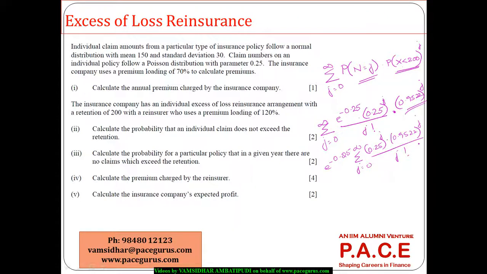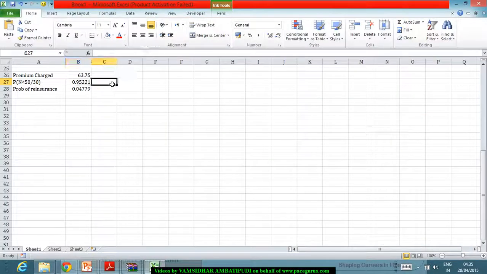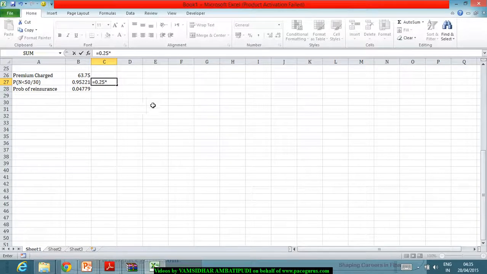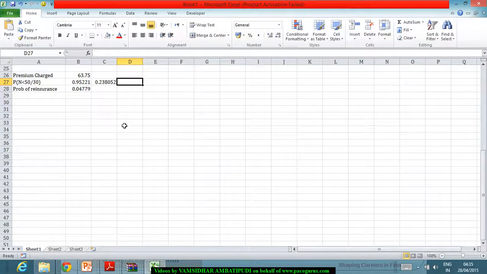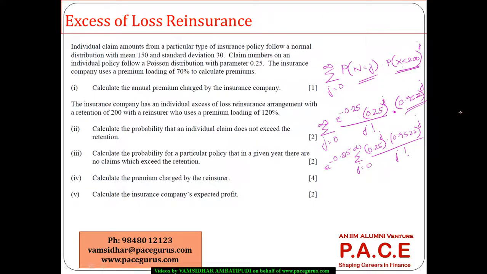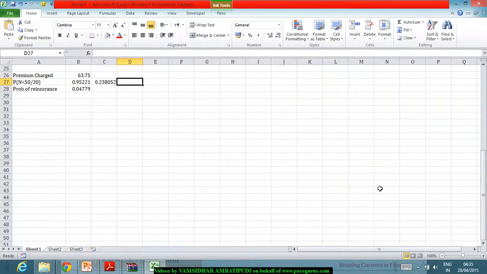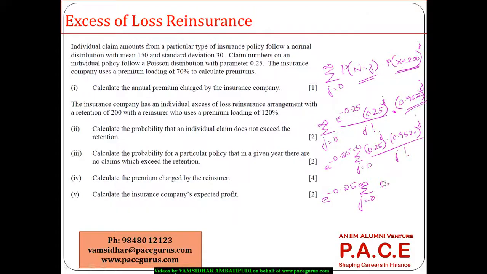Now you could see, I could simplify 0.25 into 0.9522, so I can simplify it into 0.25 multiplied by this, around 0.2380. So this is becoming e to the power of minus 0.25, j from 0 to infinite, 0.2380 to the power j divided by j factorial.